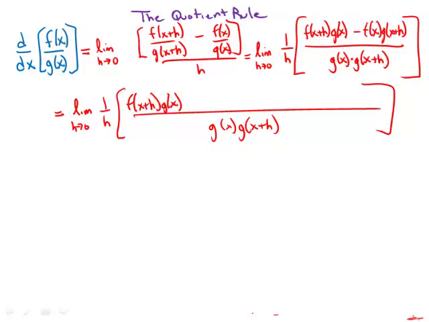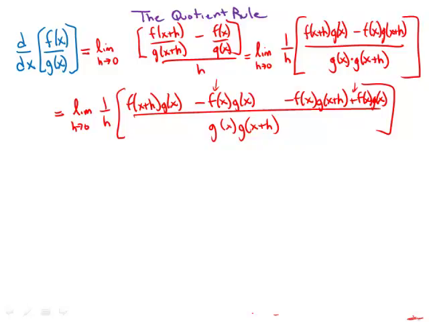And then back here, I'll have an f of x, g of x plus h. And what I'm going to do is subtract just the simple product, f of x, g of x, and then I'm going to add that product also, f of x, g of x. So it gets subtracted and added here, so it doesn't actually change the value.